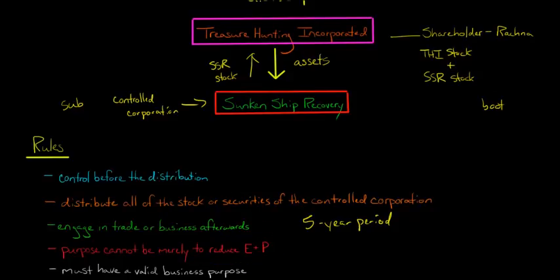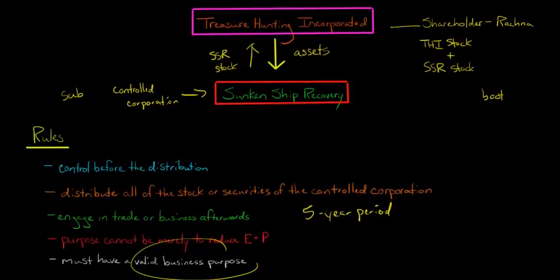If you don't know what E&P stands for, it's earnings and profits. I'll have another video where we talk about that, but suffice it to say for right now that if this transaction is just structured to reduce E&P, or if it doesn't have any kind of valid business purpose, then the IRS isn't going to respect this as a tax-free reorganization.